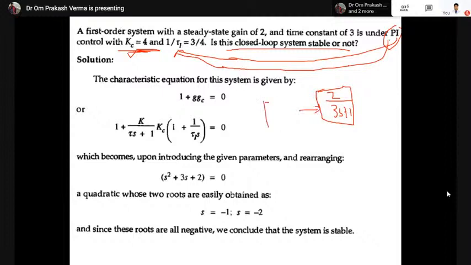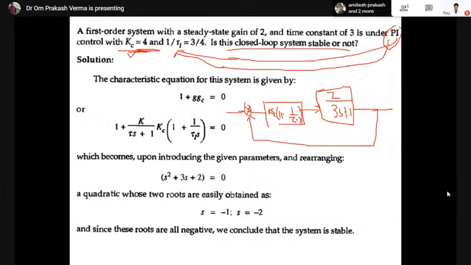PI controller means Kc into 1 plus 1 upon tau I s, okay? This is the transfer function of any PI controller, and this is the comparator, this is the set point, and from the comparator there is a feedback. Okay, and this is the block diagram of this picture.